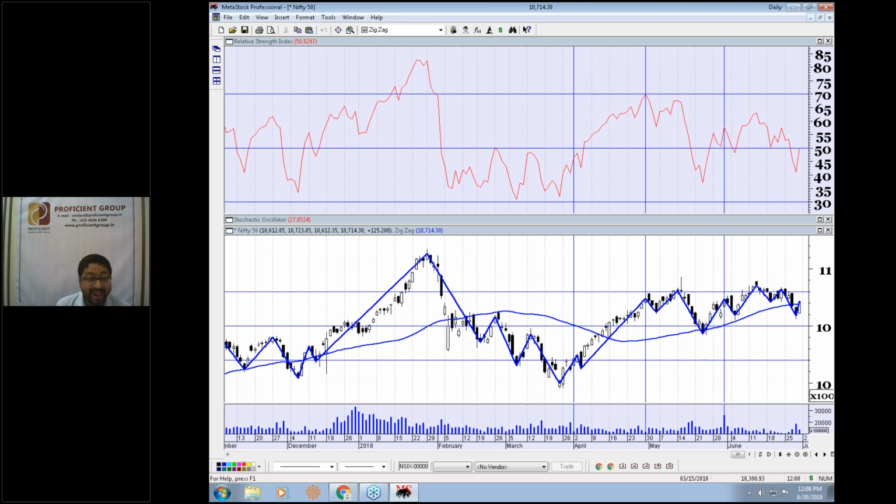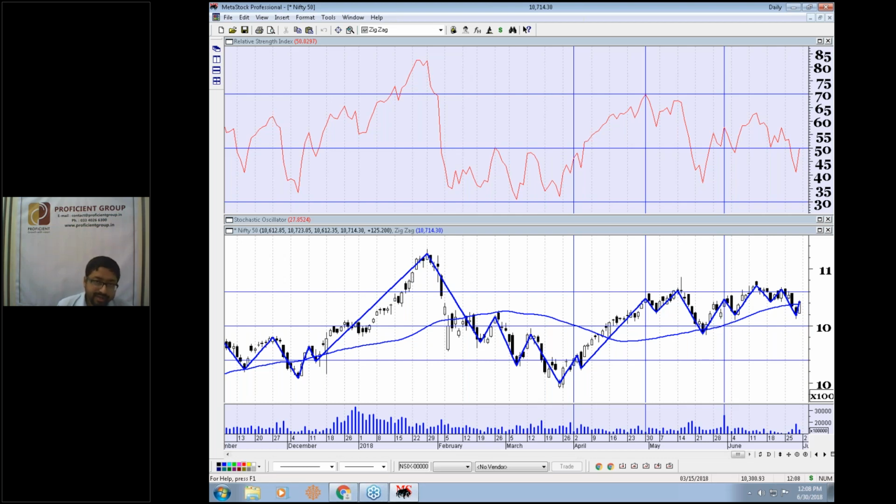Auto sector or banking sector, these sectors are the leading index of an economy, because auto, housing, real estate and banking are extremely rate sensitive sectors. If there is a decline in interest rate, these sectors show a rise. If there is a rise in interest rate, these sectors will be weak and show decline.